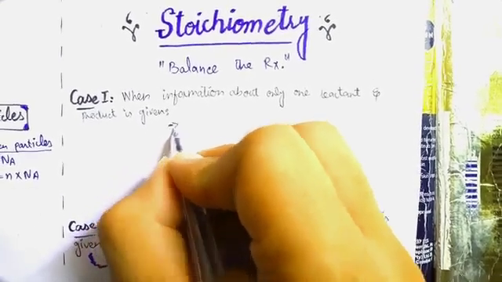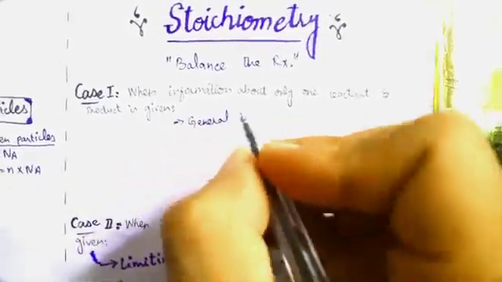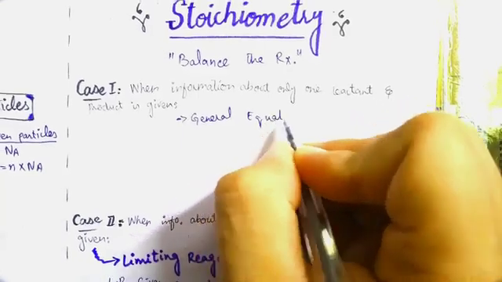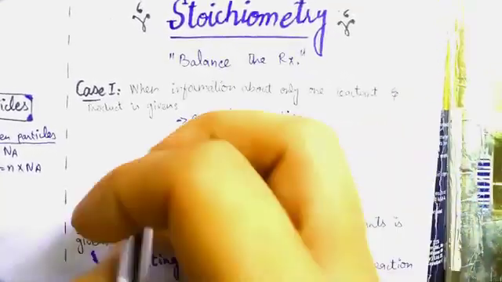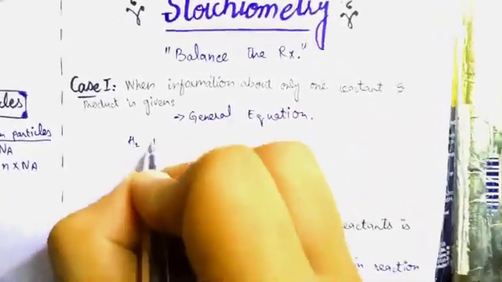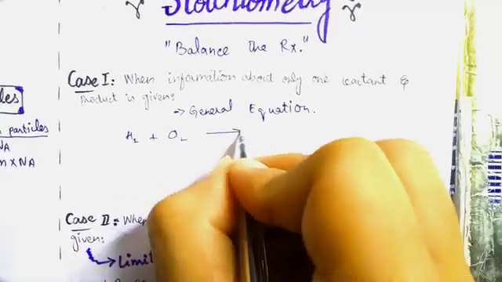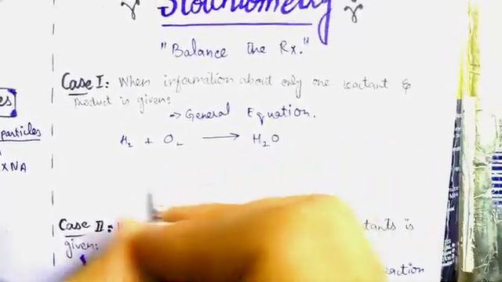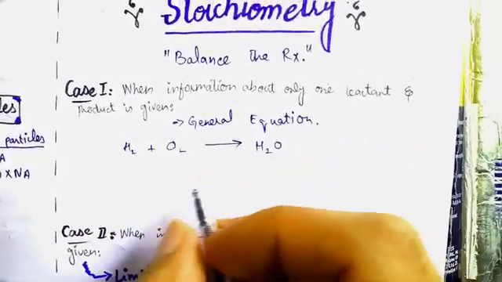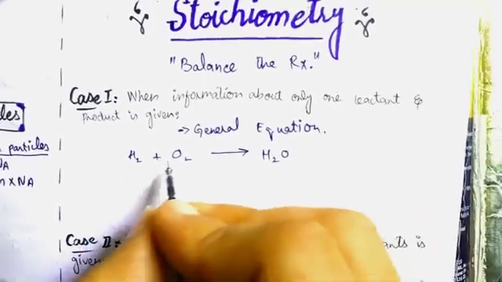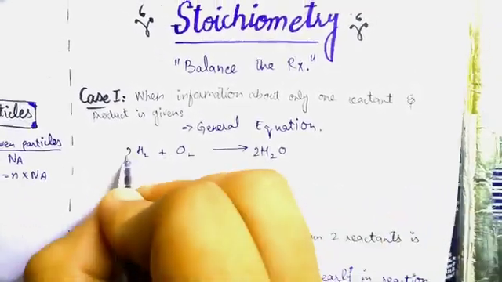Just like it's a general equation, H2 plus O2 gives H2O. We balance it by 2.